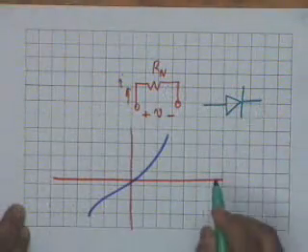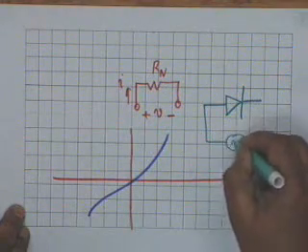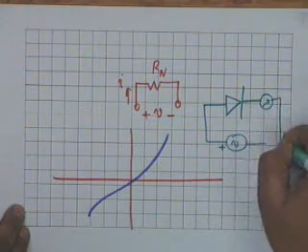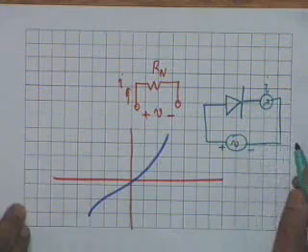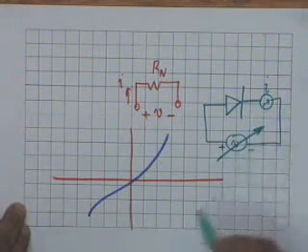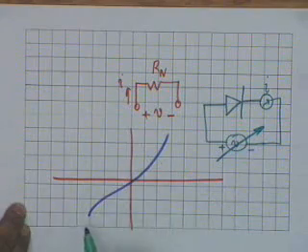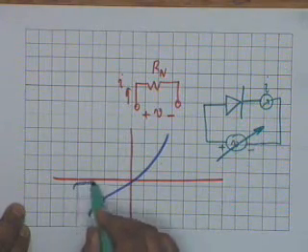A diode, if you connect a voltage source V and measure the current I and vary V, then the current shall also vary, and one will see that one gets a characteristic like this.